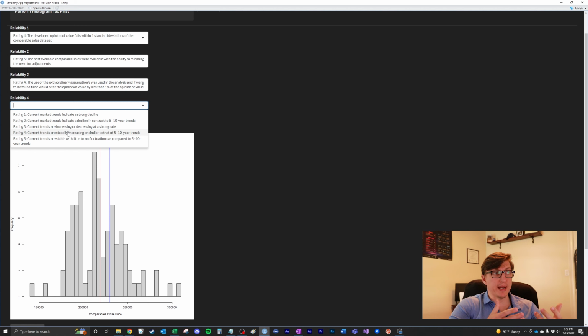And these ratings, 1 through 5, for each one of these factors are just to show that the reader needs to maybe take a closer look at the rating. A rating of 1 is lower and a rating of 5 is higher. Current trends are increasing or decreasing at a strong rate. Current trends are stable with little to no fluctuations. That's the best one. And current market trends indicate a strong decline.